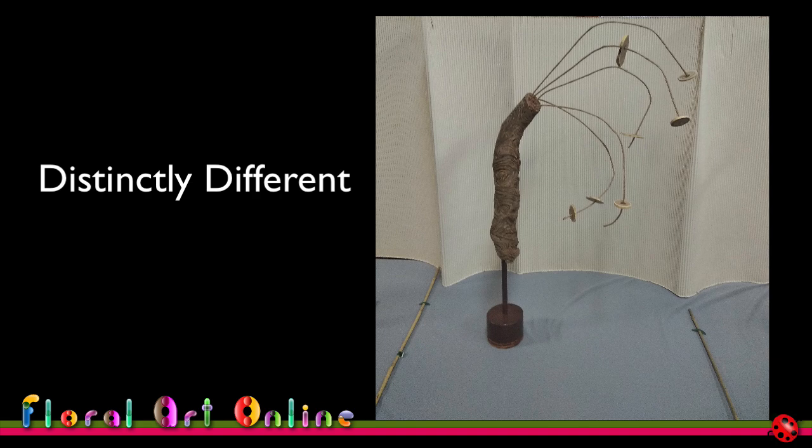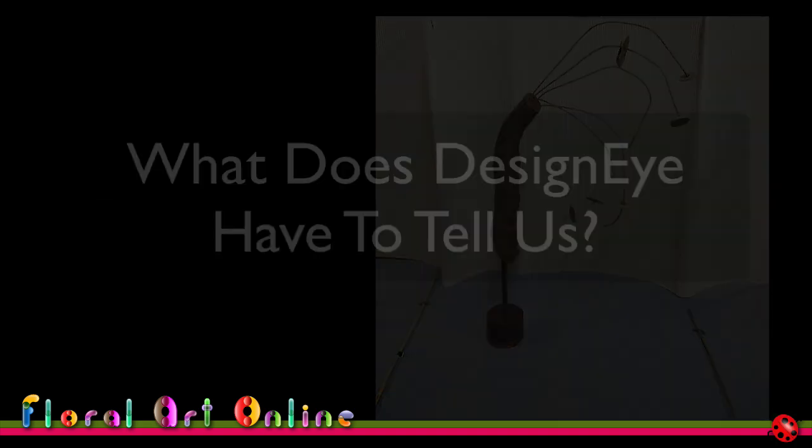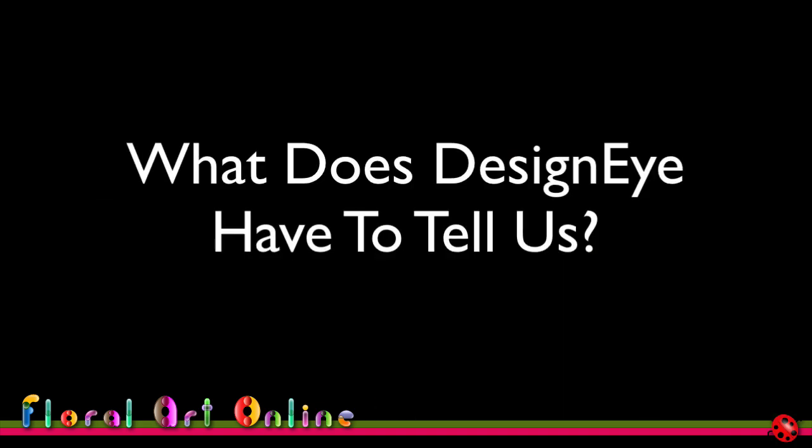If you look closely at the image, you'll be able to see in the top of that I've drilled 5 holes, put some paper covered wire, some strong wire, and then just threaded at different levels some wood slices and angled the wire so that I've got a little bit of a curl in each of them in different directions to give it depth as well as to give it some movement. So let us see what DesignEye has got to say about this particular design.